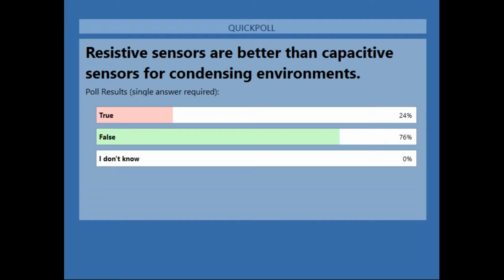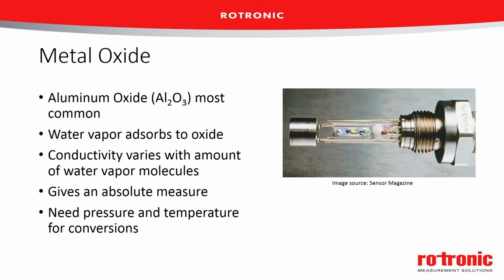The next technology we'll talk about is the metal oxide technology, or more commonly called aluminum oxide. And this is a technology, it's also a capacitor. What you do is you take an aluminum substrate and then you anodize the aluminum. And then you put a very thin film of gold on the top.